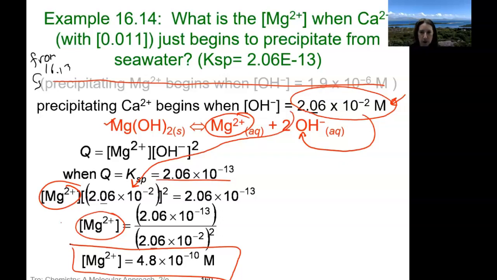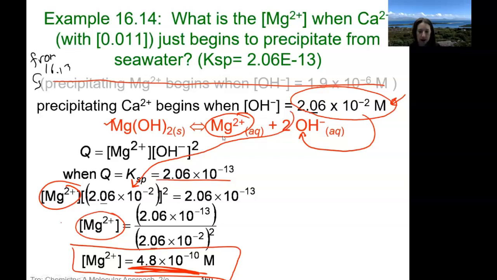If you remember magnesium in seawater from two pieces ago, it was 0.059, I think. So magnesium's solubility went down from 0.059, the concentration, all the way down to here when we added the calcium hydroxide.